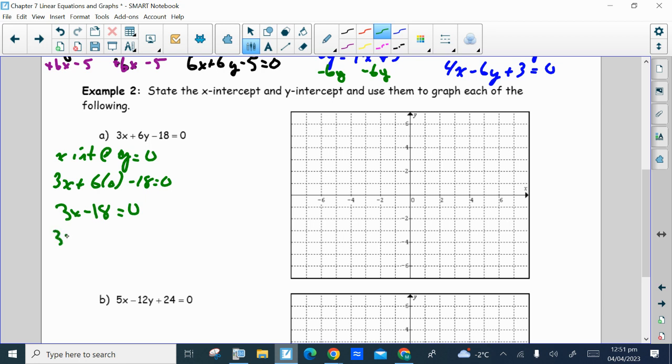And so now we just solve for x by adding the 18 to both sides, and then dividing both sides by 3, x equals 6. And remember, that was where y equals 0, so that is the point 6 comma 0. That is the x-intercept, where the graph crosses the x-axis. So we can put a point there on the graph at the point 6 comma 0.